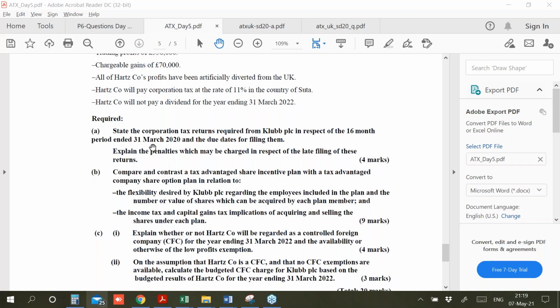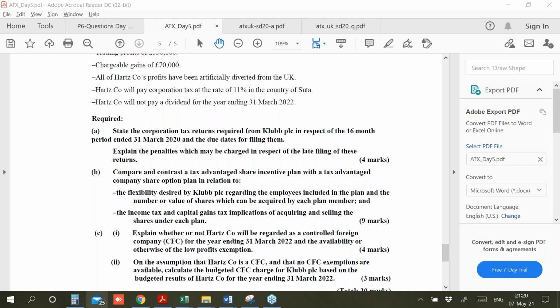Compare and contrast the tax advantaged share incentive plan with a tax advantaged company share option plan. So the share incentive plan, that is SIP, is an HMRC approved incentive plan, and the other approved share option scheme is CSOP. We have to make the comparison. On what basis?